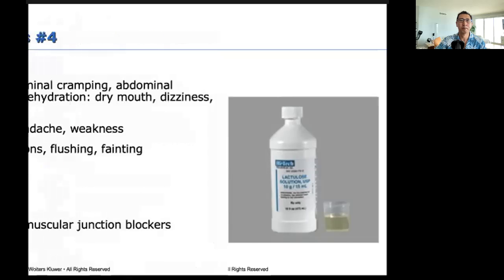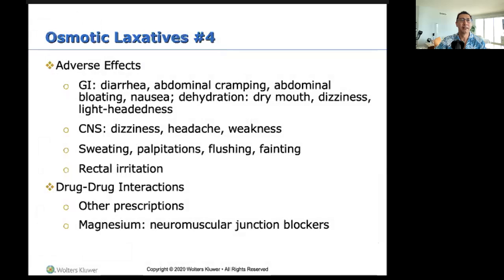Next, the adverse effect of this: poop, a lot of poop, especially if we're using it for the ammonia levels. They just poop. And sometimes if the poop is liquidy, we will put what we call a Flexi-Seal in them.